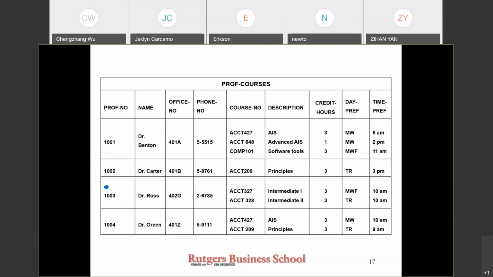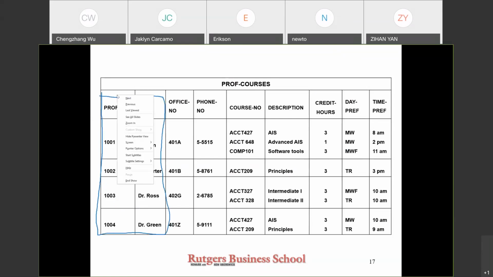So we can include all 9 attributes into one table. Professor number, name of the professor, office number, and this office's phone number.